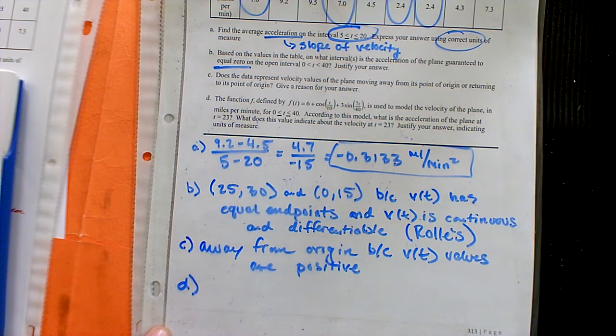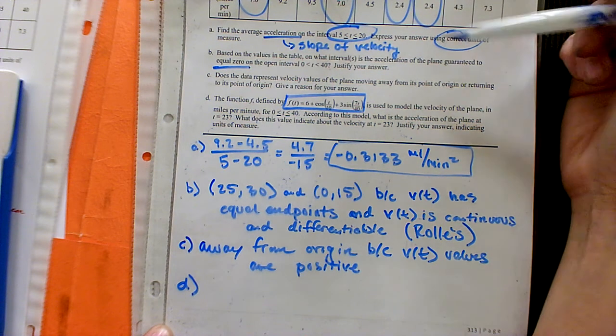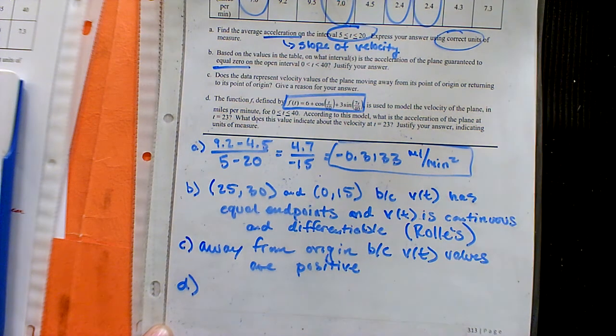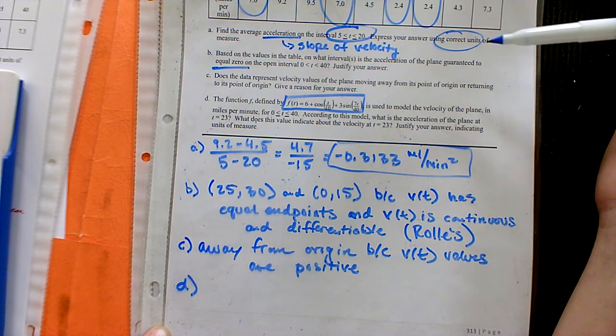All right, D. The function defined by that is used to model the values in the table. Yeah, I was gonna ask a question about C. If all the values of V of t have the same sign, wouldn't it be moving away regardless, even if it was negative?